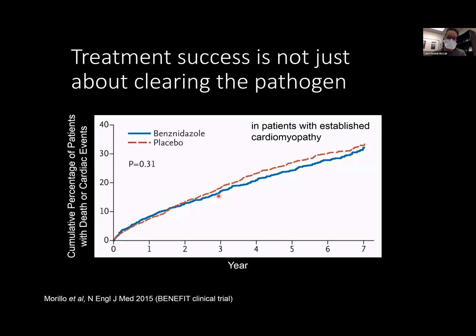And what you see is that the benznidazole group in blue and the placebo group are very similar in terms of death or cardiac event rates. And so that means that if you wait until late stage, even killing off the parasites successfully might not improve patient outcomes. And so what we really want is biomarkers that can show disease progression rather than just infected versus uninfected.